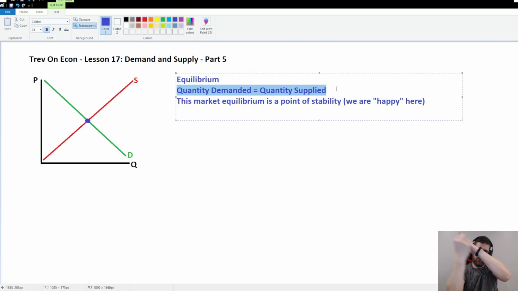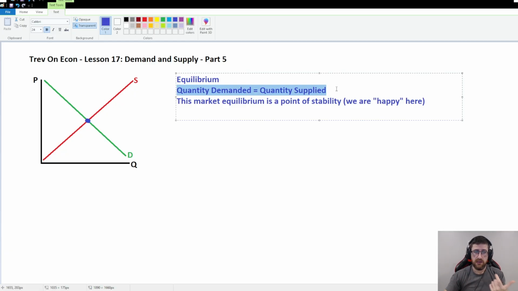We want 1 point on demand to be equal to 1 point on supply, and they overlap. You can almost think about it as there's all these dots along the demand, there's all these dots along the supply, and we're trying to find the spot where the dots line up. If I can do that, I've found equilibrium and I'm happy.